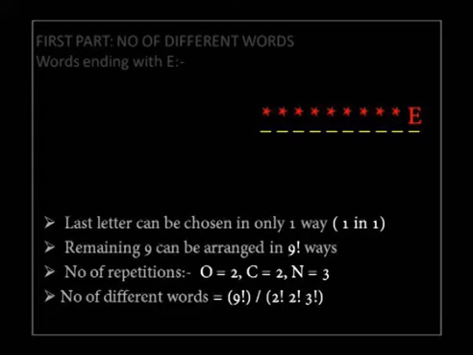Therefore, they can be chosen in 9 factorial ways. So the expected number of ways would have been 1 into 9 factorial. But mind you, there are repetitions here. O is coming twice, C is coming twice, and N is coming thrice. Therefore, the number of distinct words which are ending with E can be given by 1 into 9 factorial, the whole divided by 2 factorial into 2 factorial into 3 factorial.